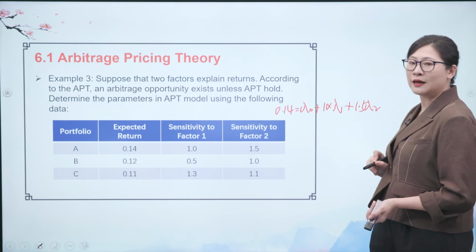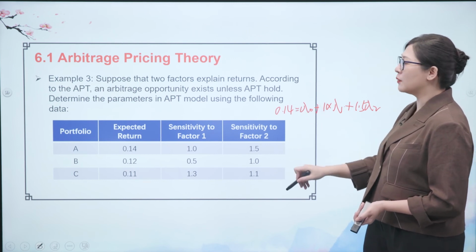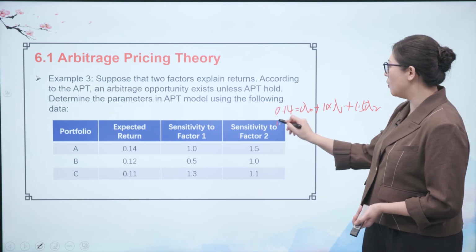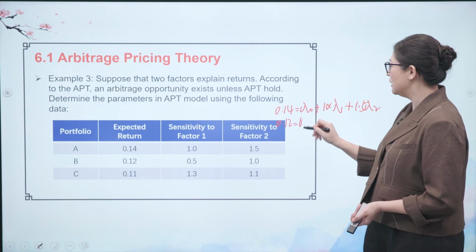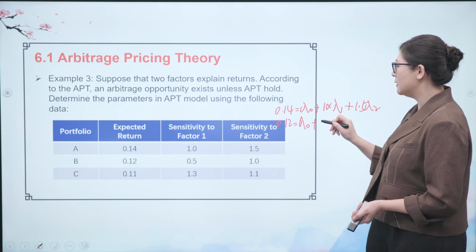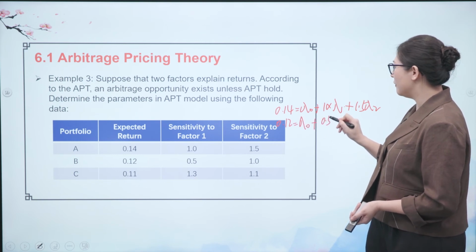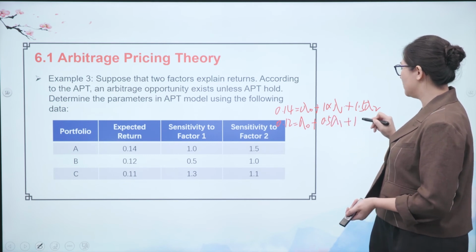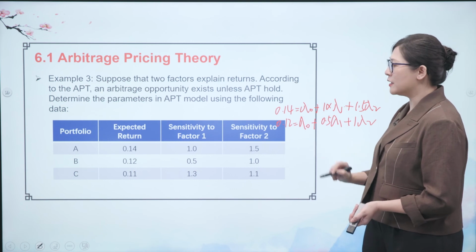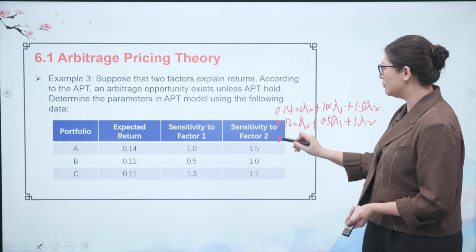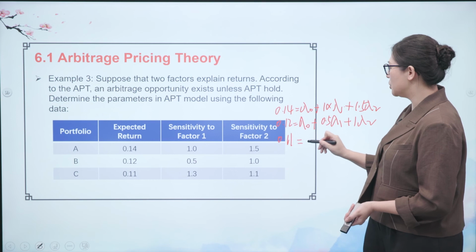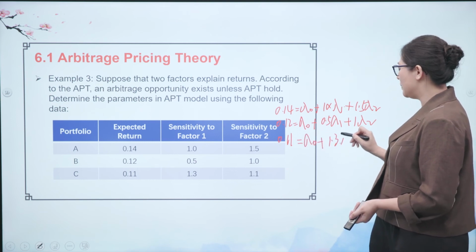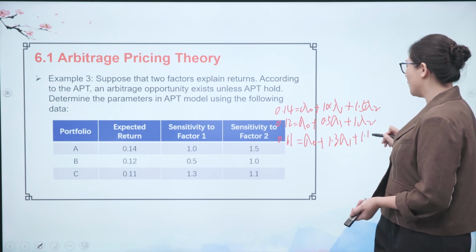And then you can write down a similar one for each portfolio. For portfolio B, you have 0.12 equal to lambda 0 plus 0.5 multiplied by lambda 1 plus 1 multiplied by lambda 2. And for portfolio C, you have 0.11 equal to lambda 0 plus 1.3 lambda 1 plus 1.1 lambda 2.